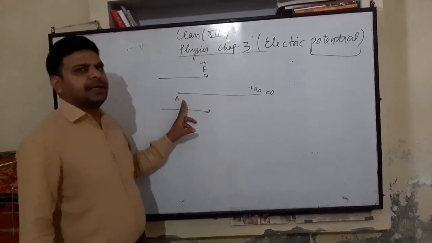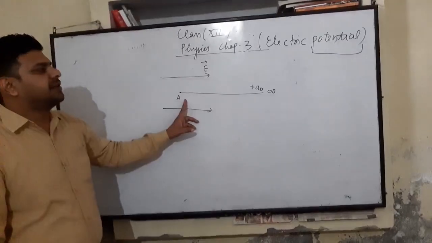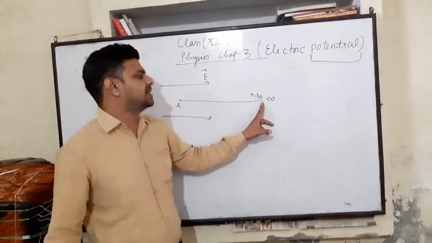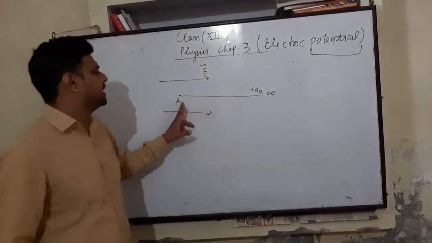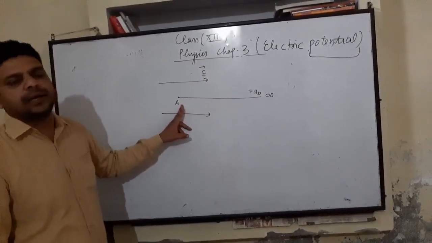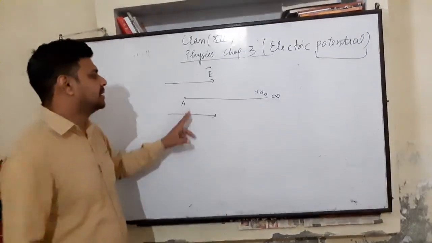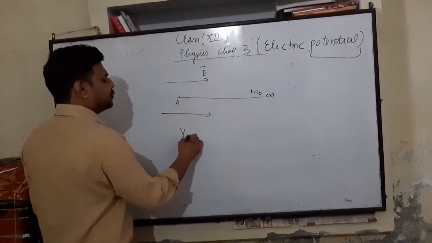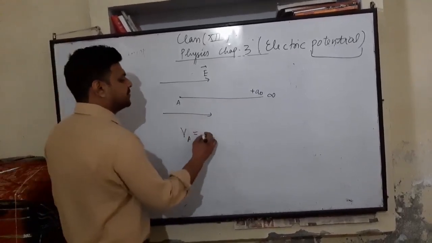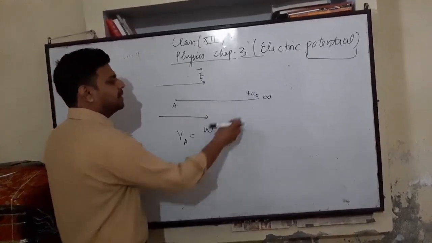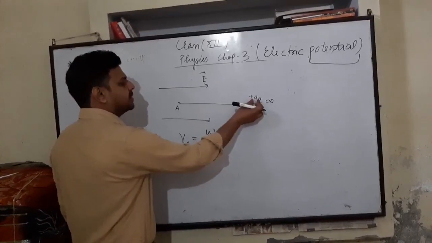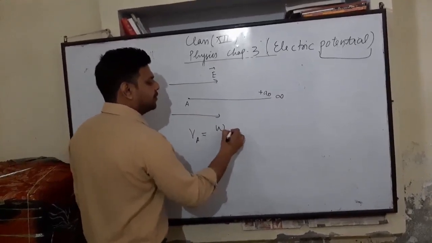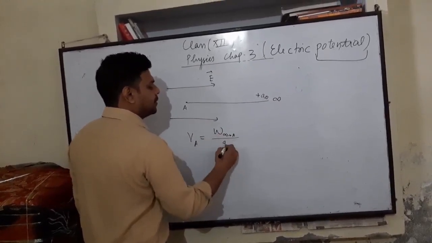Then what is the electric potential at this point? Electric potential at point A is defined as the work done in bringing a positive test charge from infinity to point A, upon Q naught.